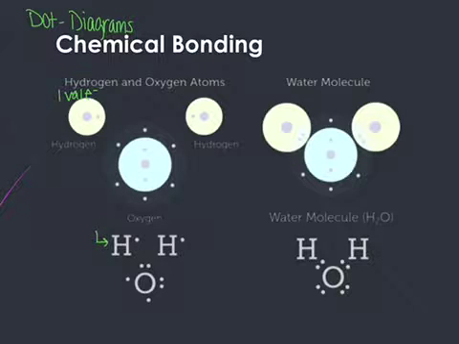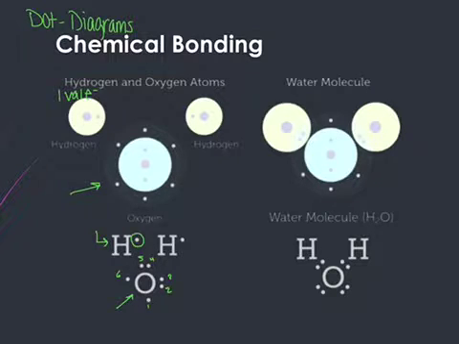And so a dot diagram has the element symbol with the number of valence electrons surrounding it. So hydrogen has one valence electron, so it has one dot around it. Oxygen has 6 valence electrons. You can see that here. And so oxygen's dot diagram has 1, 2, 3, 4, 5, 6 electrons surrounding it.